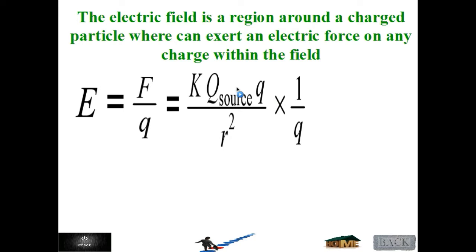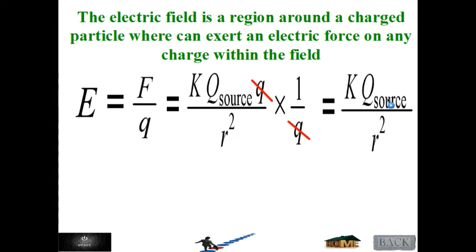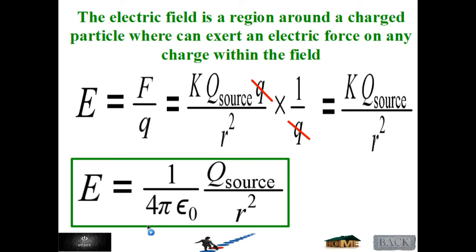Q source is the charge of the particle creating the field, while Q is the charge of the test charge we are using, and r is the distance between them, times 1 over Q. So this is the formula of F times 1 over Q. So we can cancel Q by Q, and we will get k Q source over r squared. But also, as we discussed in video 1, we can write, instead of k, 1 over 4 pi epsilon 0, and this is Coulomb's law.